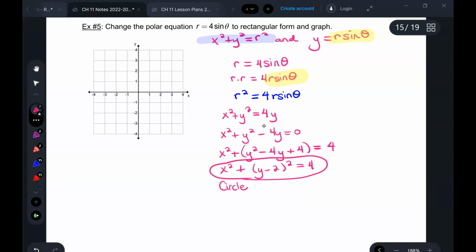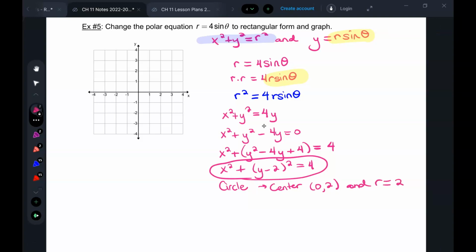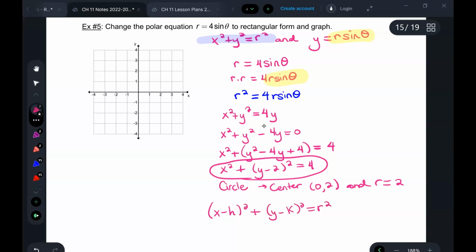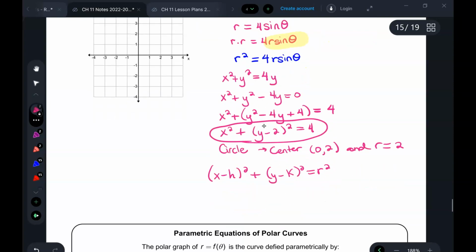So let's just remind ourselves, what does the circle have? It has a center at (0, 2), and the radius equals 2. Right, so just keep in mind this (x minus h) squared plus (y minus k) squared equals r squared is always going to have a center (h, k) and radius equal to r.